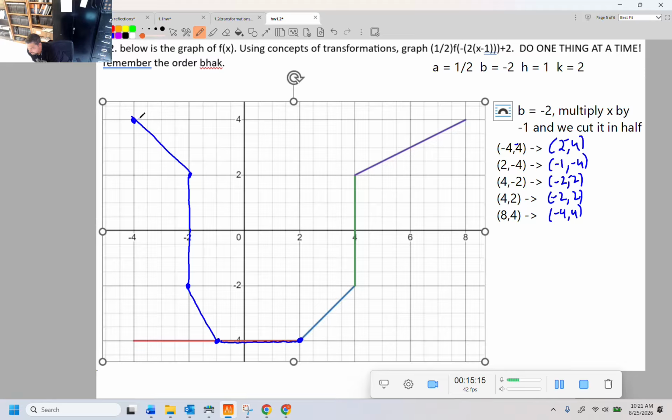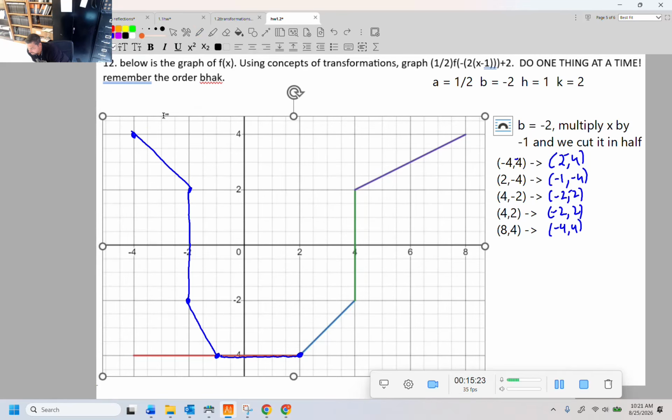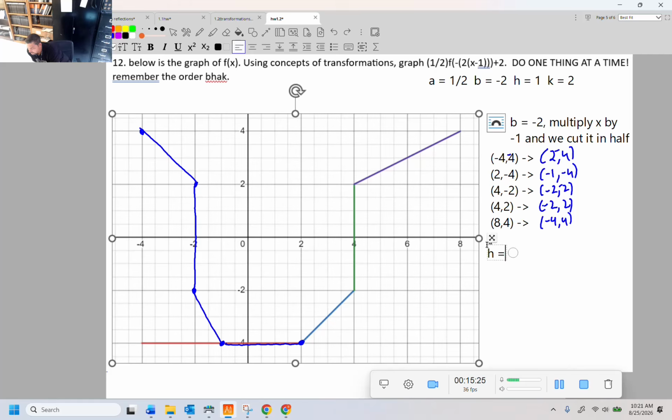All right, the order that we're doing, again, is BHAK. So the next thing I'm going to do is apply h, the horizontal shift. h is 1. We're going to shift right 1, and we do that by adding 1 to x. So the point I have now at (2, -4) becomes (3, -4). The point at (-1, -4), we add 1 to x, becomes (0, -4).